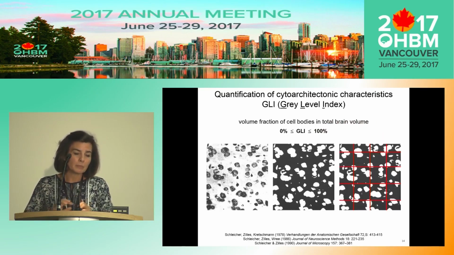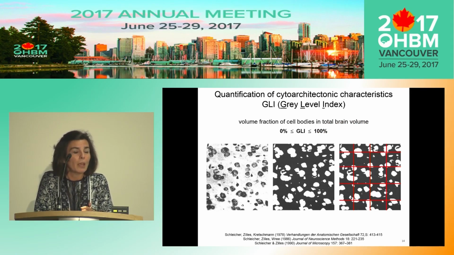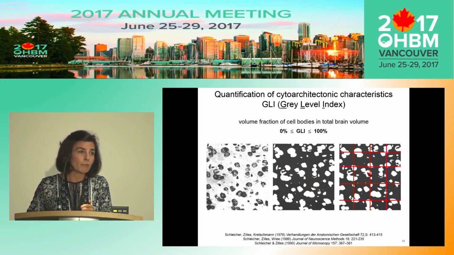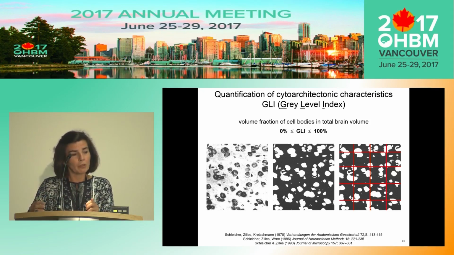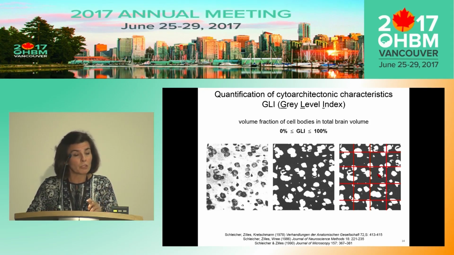And this can be quantified by the gray level index, in which histological sections are scanned, and you set a threshold with which you can separate the cell bodies from the neuropil. So you create a binary image, and if you set a grid over this binary image and then calculate the volume fraction of cell bodies compared to total brain volume within this sector of the grid, you get the gray level index value for that position in the grid.